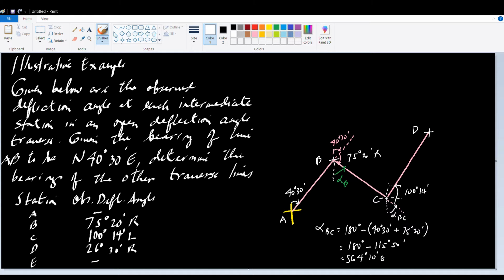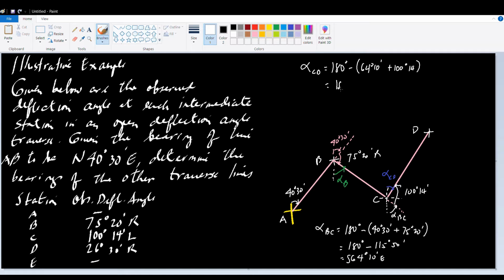So how do we determine this angle, which is alpha of CD? Alpha of CD is equal to 180 degrees again minus the sum of the bearing of BC, which is 64-10, and the deflection angle 100-14.